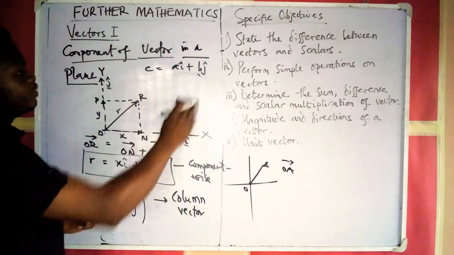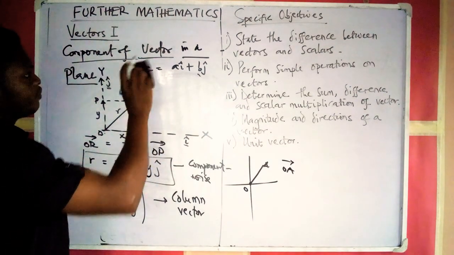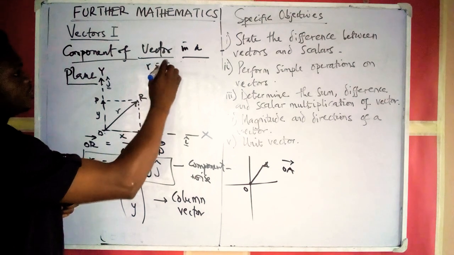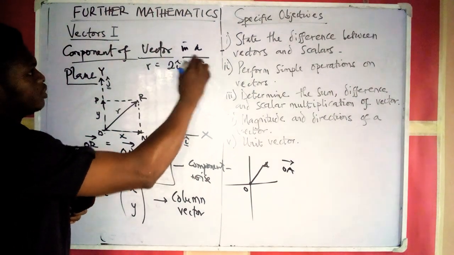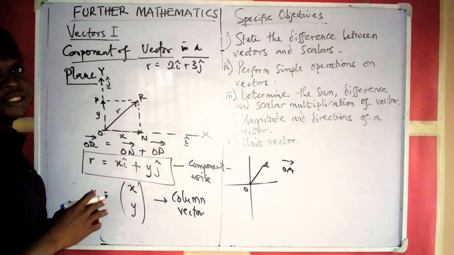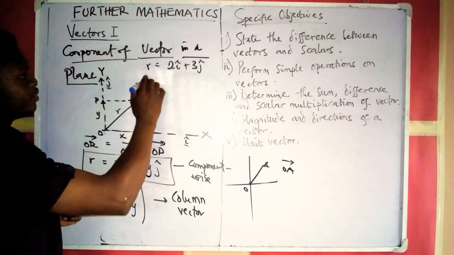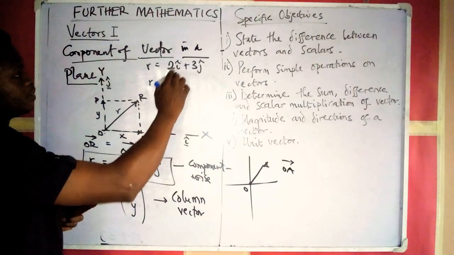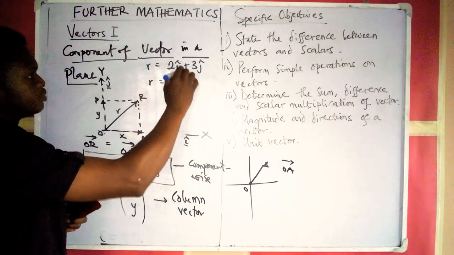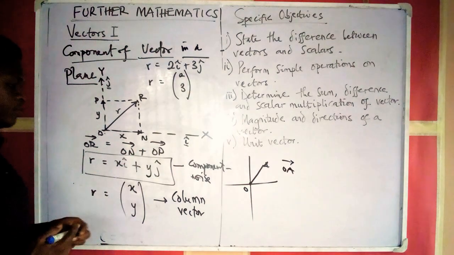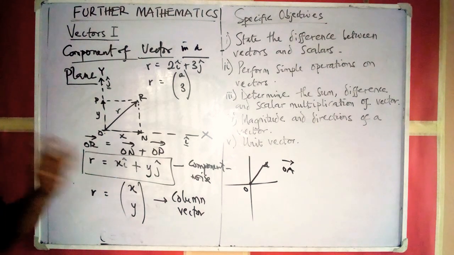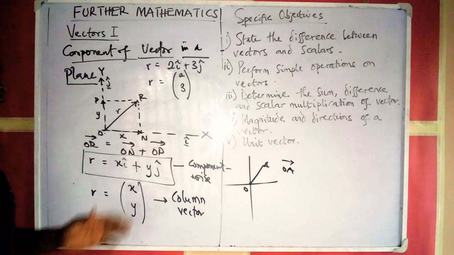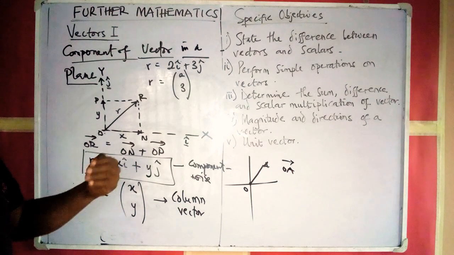So assuming I have this vector R, let's take for an example, R is equal to 2i plus 3j, then this is the component-wise form. Then I can now write R as 2 upon 3.